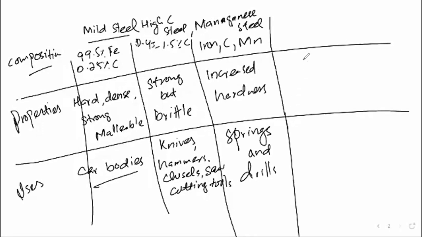The fourth type is stainless steel. That is the best quality. It contains iron, carbon, chromium, and nickel, four types of elements, used in different proportions.